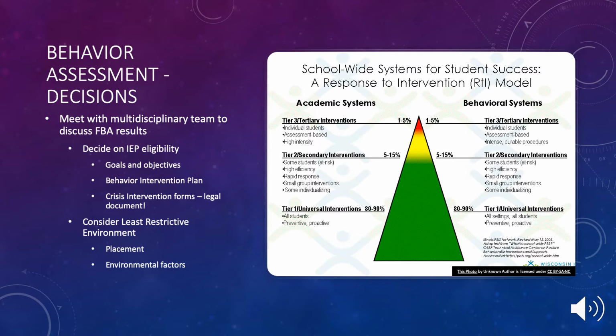You're going to develop a behavior intervention plan, and if necessary, if the behaviors are dangerous or unsafe, look at the crisis intervention forms that you have to sign as part of the IEP when it comes to physical restraints. Some considerations mean that we have to look at the least restrictive environment for the student when we make our consideration for placement or environmental factors.